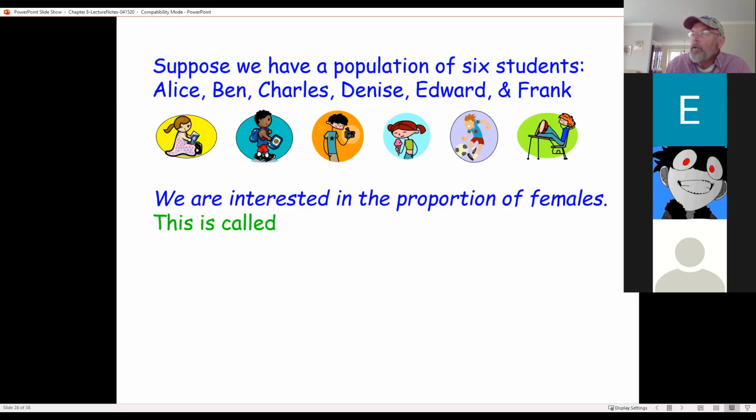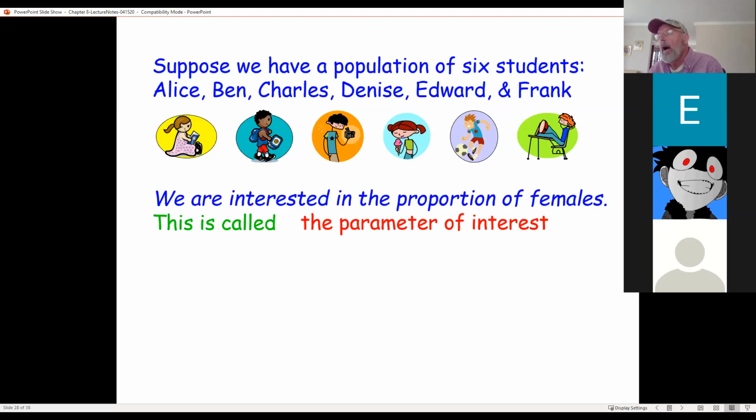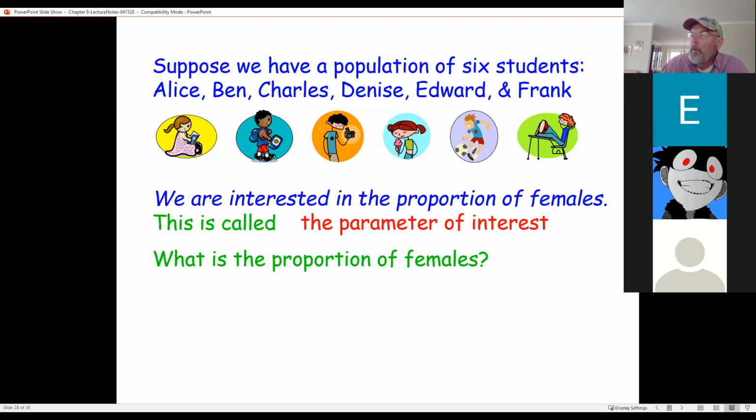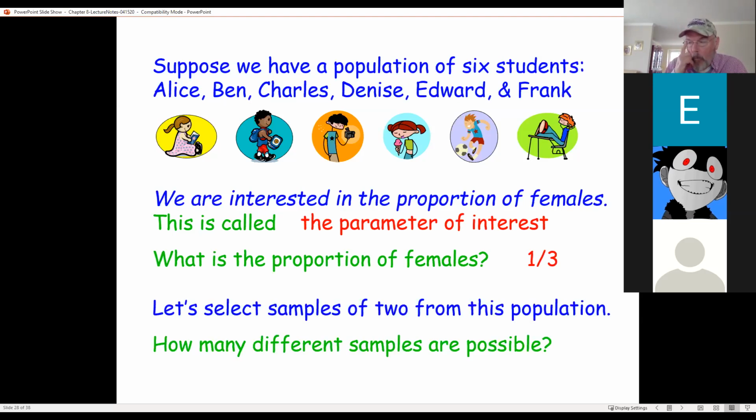We're interested in the proportion of females in this population of 6 students. We want to know the parameter of interest, the proportion of females. The proportion is 2 over 6, which is equal to 1 out of 3.